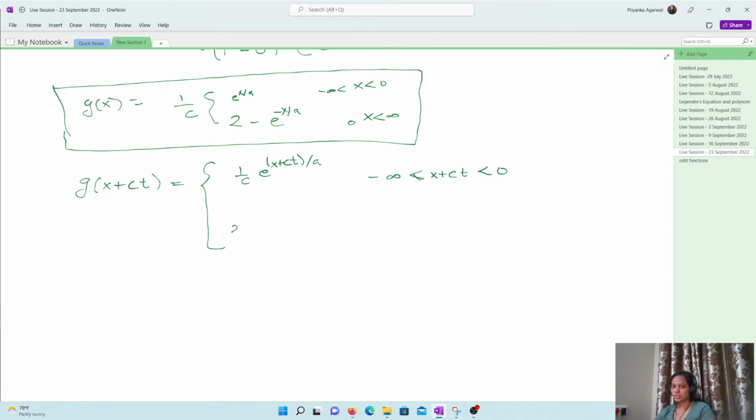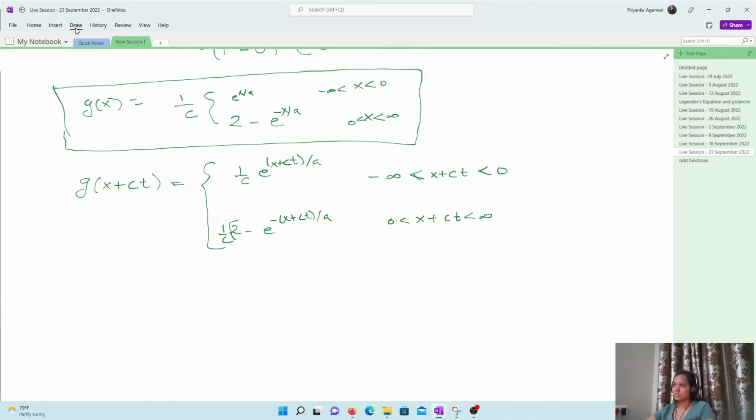And here we will have 1 by c, 2 minus e to the power minus x plus ct over a, and here the boundary condition would say that x plus ct is between 0 and infinity.